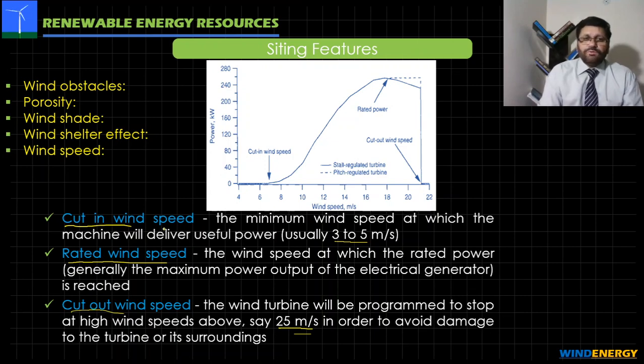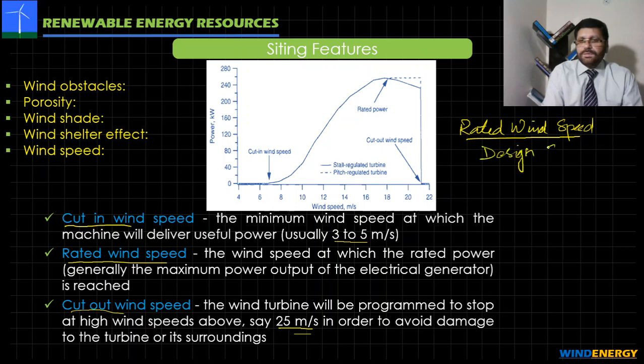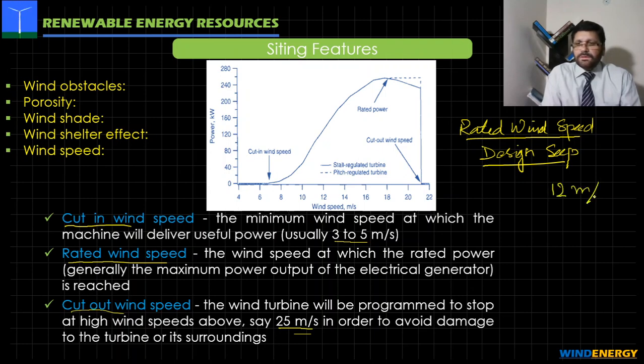Now if we talk of a rated wind speed, this is also termed as the design speed of the turbine. Let's say you have a design speed of 12 meter per second.